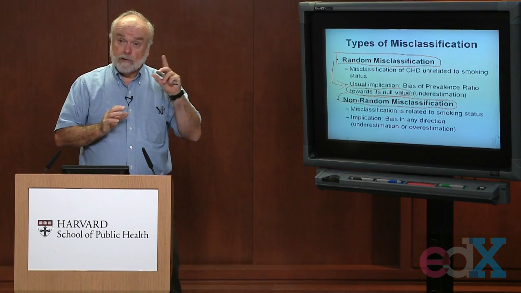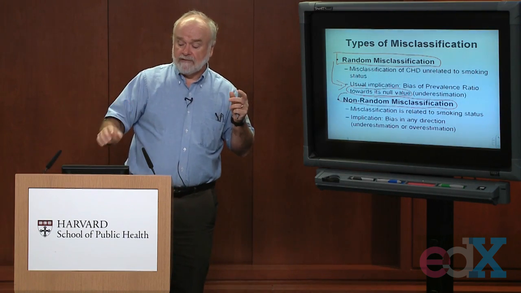So if you feel you have non-random misclassification, then you have a problem. You don't know whether your observed measure of association, prevalence ratio 0.82, is underestimating or overestimating the true association between smoking and heart disease. So bias is a problem in any type of study.